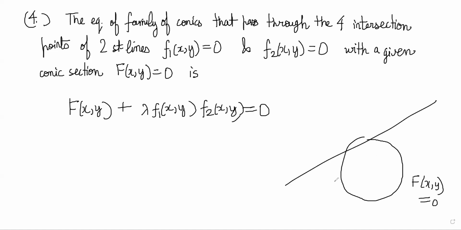And we have two lines that are intersecting the circle, a given conic section, at 4 points. So what we want is the equation of all possible conics that satisfy this condition, that basically have 4 intersection points with these two given straight lines. So that will be this equation. Capital F(x,y) is the equation of the conic itself, and F1 and F2 are the two line equations. So that gives you the family of the conic.